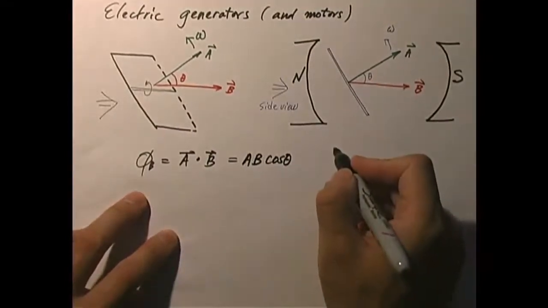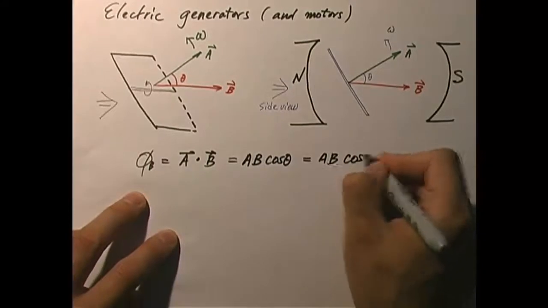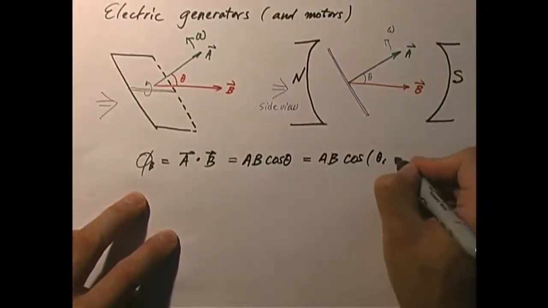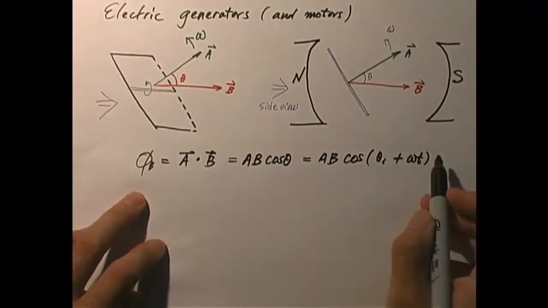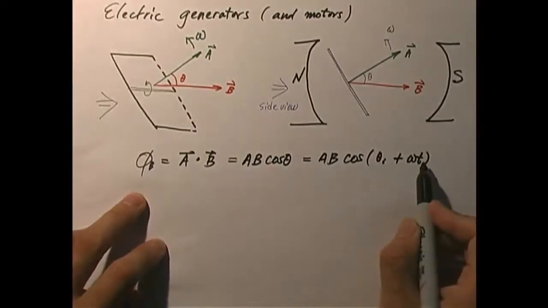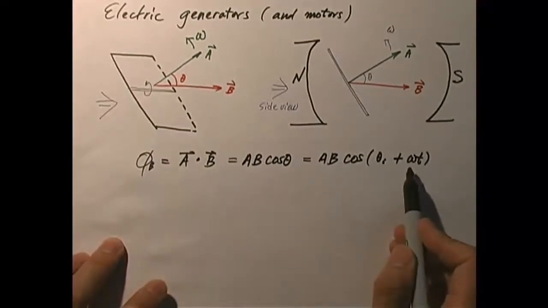As a matter of fact, theta is equal to an initial value, theta naught, or theta I, plus omega t, if you turn it with a uniform angular speed, omega. So theta will be theta initial plus omega t. And then this obviously is a function of time.